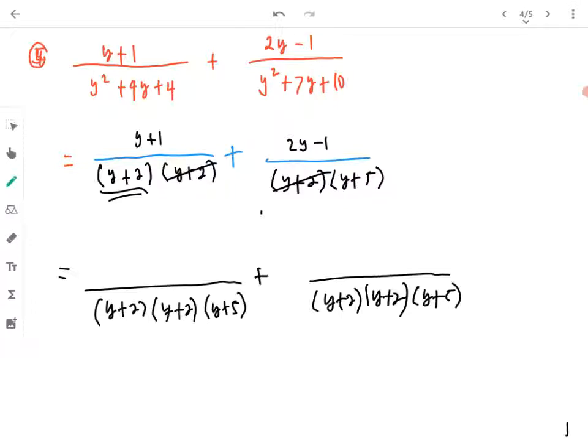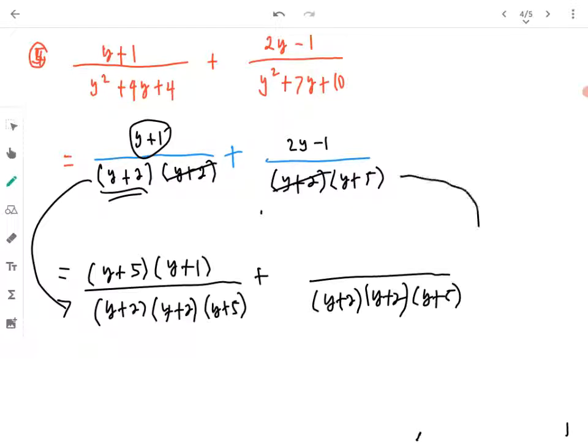So from here, it's like it's being multiplied by y plus 5. That makes us, we will also multiply this by y plus 5. So we have... From here, it's like it's being multiplied by y plus 2.